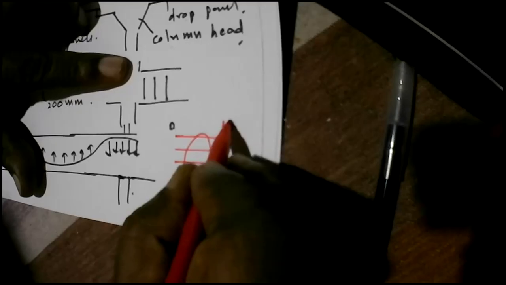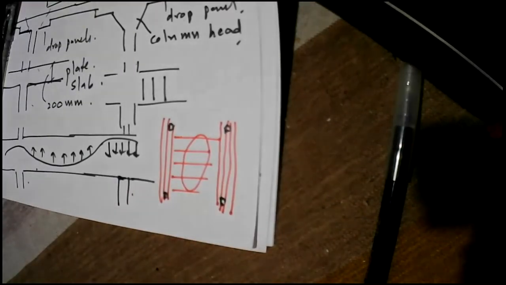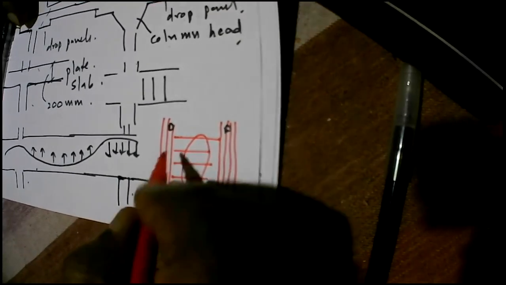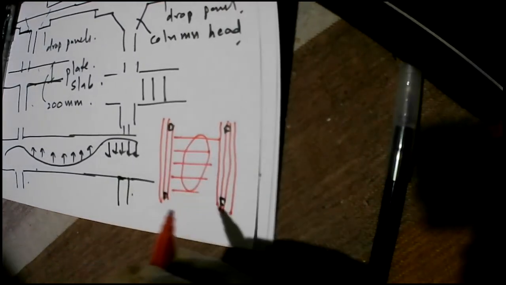So you will need a lot of tendons this way, because all these loads are now transferred onto the strips along the column lines. So basically you'll find these are carrying heavy loads, so you have to have a lot of tendons.